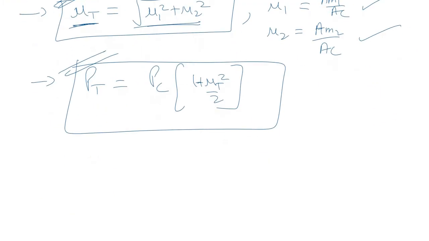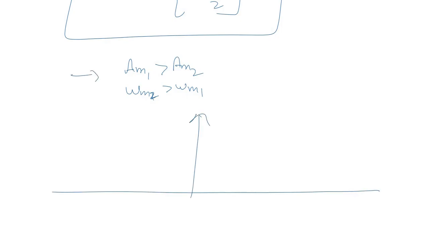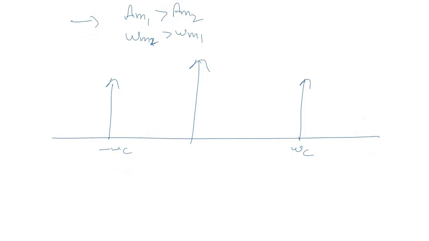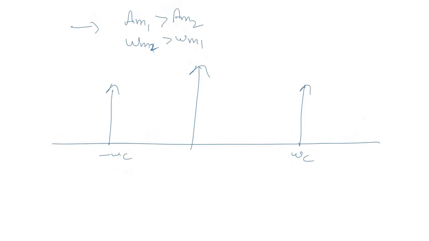For example, we assume that Am1 is greater than Am2 and omega m2, let's say, is greater than omega m1. We take this assumption. So the spectrum of this multi-tone signal would be something like this. This is your carrier signal, which is always present at omega c frequency. Then we'll have one lower sideband related to the first frequency component. Now we know omega m2 is greater than omega m1.